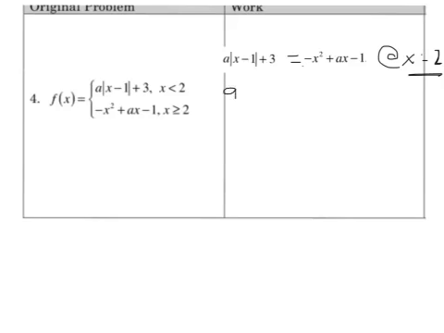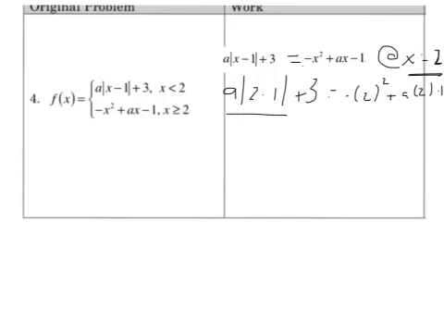We're looking for a, so let's keep that a. We're going to plug in x equals 2: the absolute value of 2 minus 1, plus 3. Is that equal to negative 2 squared plus a times 2 minus 1? Okay? Hopefully you can do your algebra faster than I do.